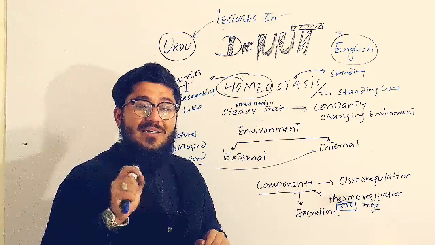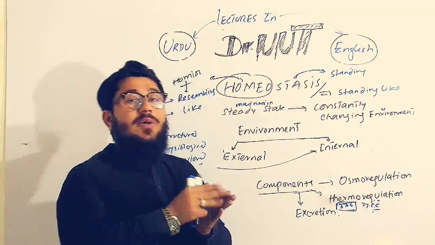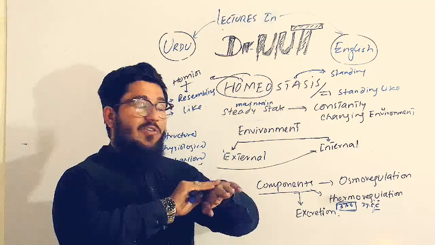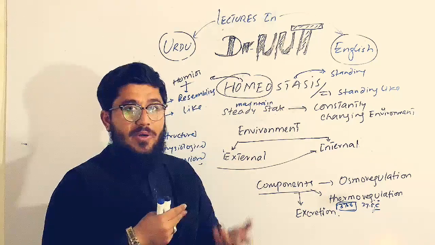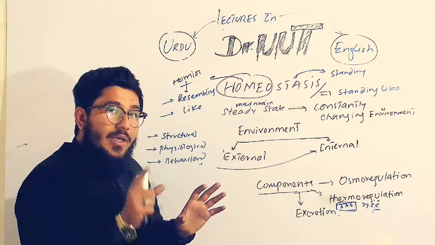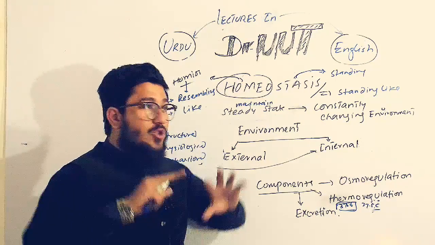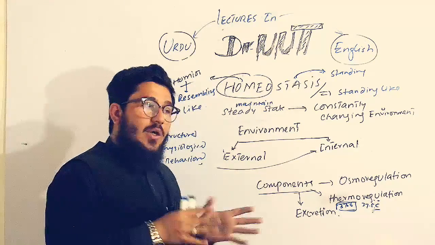You know about the latent heat of vaporization, meaning the body gets cooled when the water or solutes present on the surface of the body get detached from the body. So like that, you will feel a little bit cold. And the same is the case with cold. When it is cold outside, you don't want to lose heat, so your body says that we want to be a little bit hot as compared to the cold.